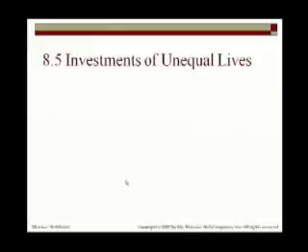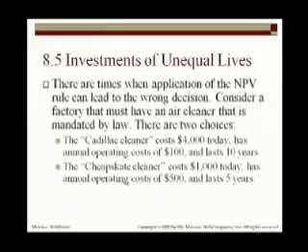How do you look at two projects when one lasts for 3 years and one lasts for 5 years, say? Now, the big deal here, and this is where I want you to focus, if you have projects with unequal lives, and they're one-time projects, in other words, they'll never happen again, they're not going to be repeated, then it's fine to use net present value.